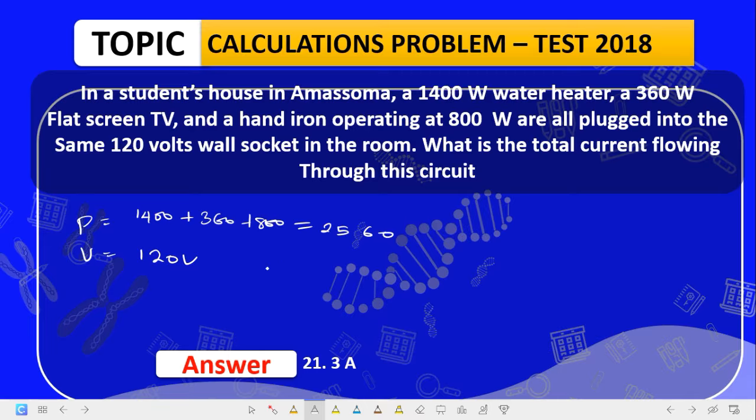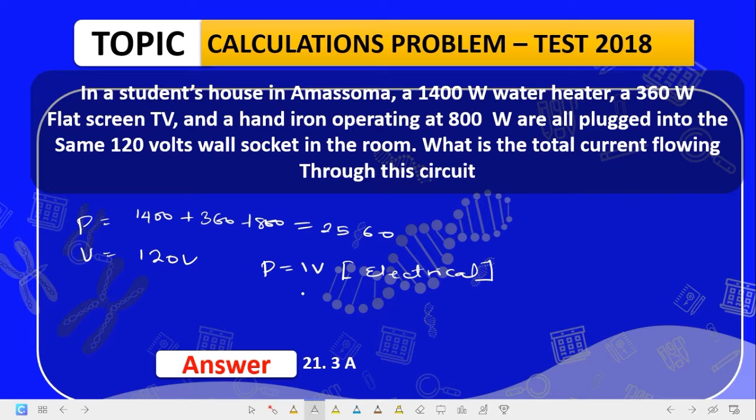2560. Now we know that the power P is equal to IV for electrical energy. We know how to prove this formula.